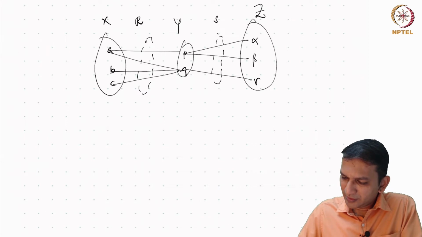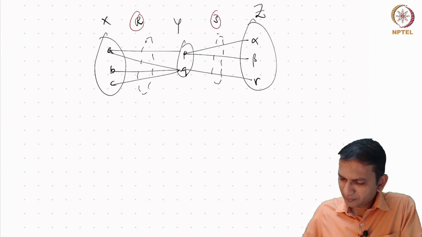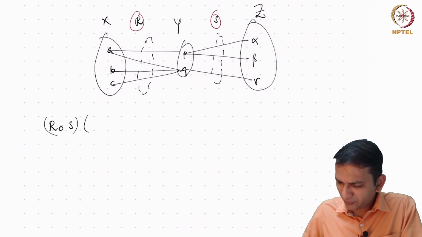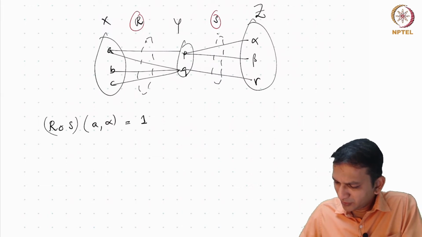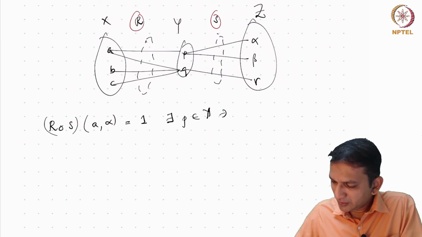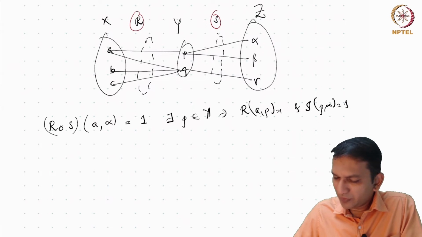So this is the relation S. Now, if you were to ask R circle S of (A, alpha), what will it be? It is clear that A is related to P and P relates to alpha. So this is 1, because there exists a P in Y such that R(A, P) is equal to 1 and S(P, alpha) is equal to 1.